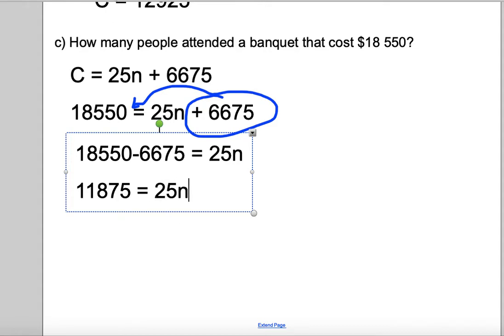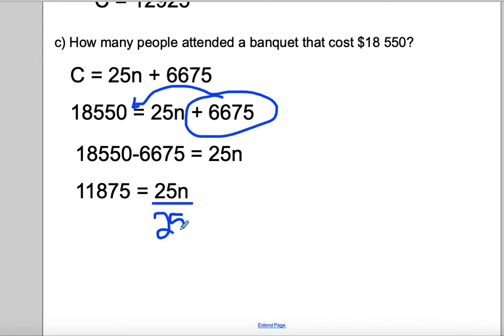And then from here, guys, you should know you should be dividing out that 25 from both sides. So 11,875 divided by 25 is 475, and that is equal to, these cancel out, n. So what does this mean? It means that 475 people could attend a banquet at this hall for a total cost of $18,550.